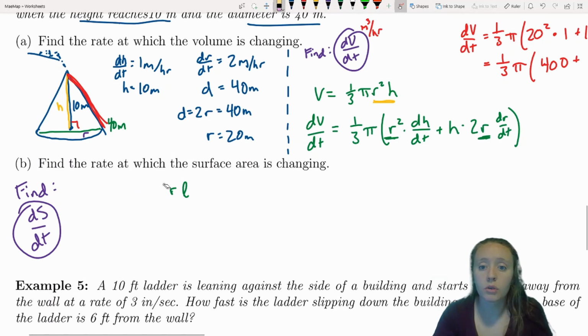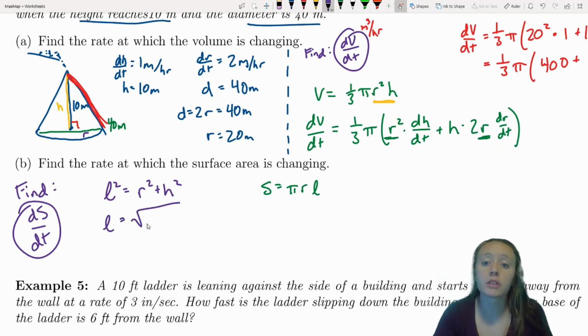So I know that L squared is equal to r squared plus h squared. And I know r squared and I know h squared, so in order to solve for L, I'm going to take the square root of r squared plus h squared.